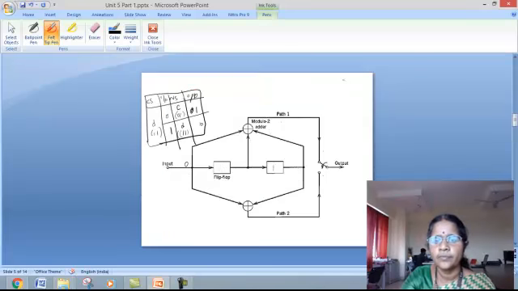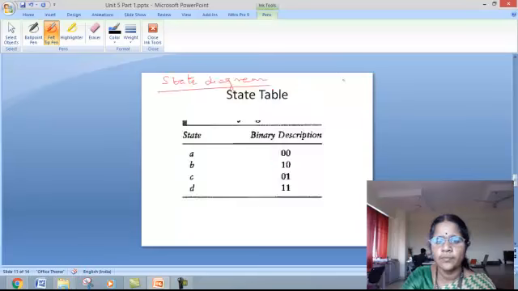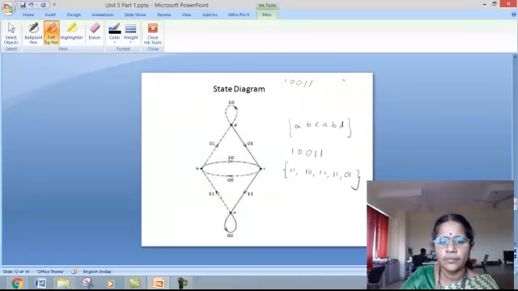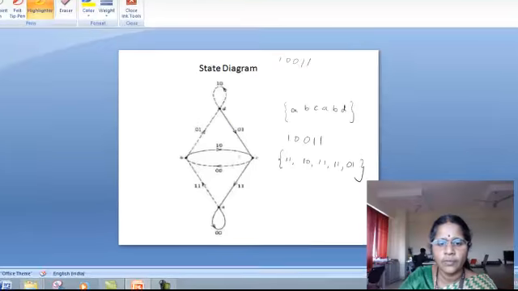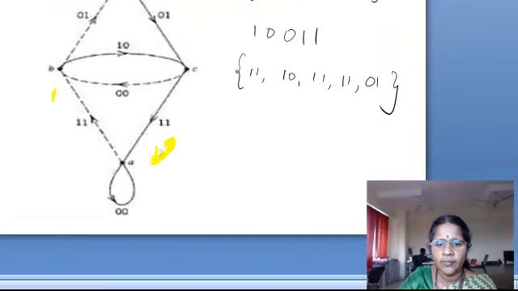And this state diagram is given here. Same state diagram. Taking this is state A. When an input 0 is given, remains in the same state, and here is state B for 0 and for 1.